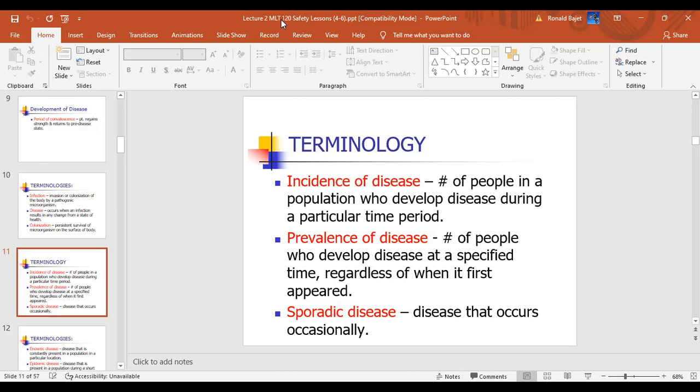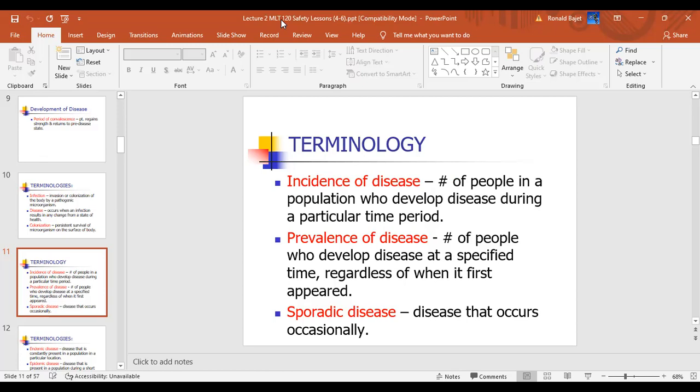Okay, incidence and prevalence. Incidence of disease. These two definitions sound very, very similar. It's kind of like in hematology, MCH versus MCHC. It took me like 5 times to distinguish between the two. But anyway, incidence is the number of people in a population who develop disease during a particular period of time.